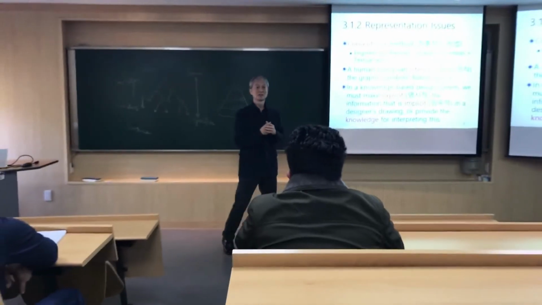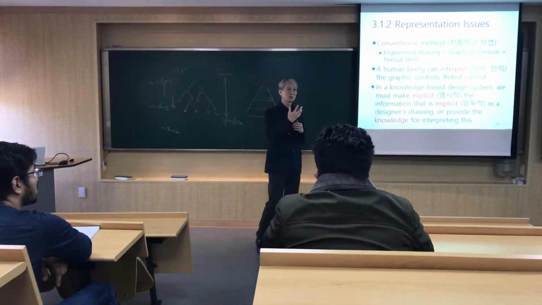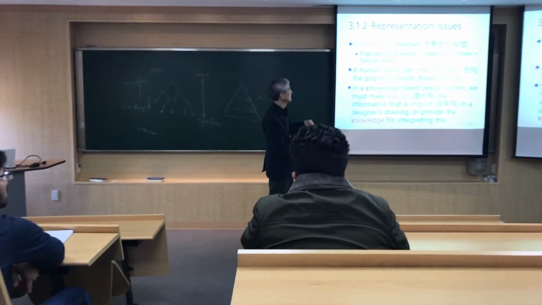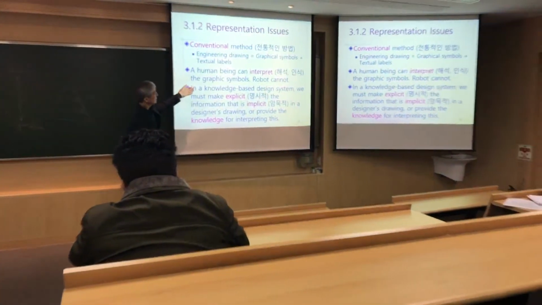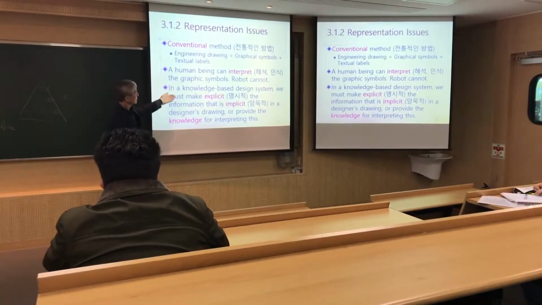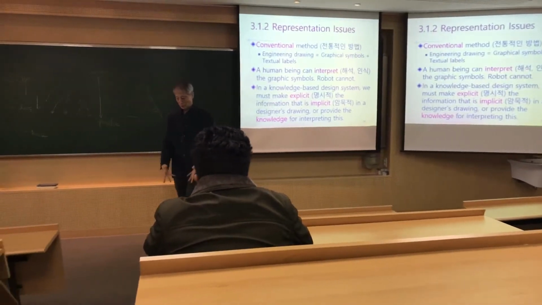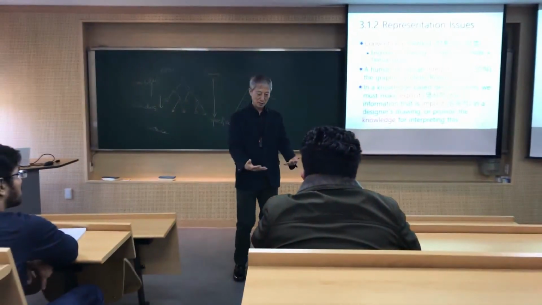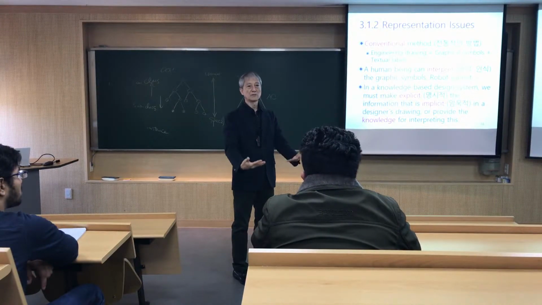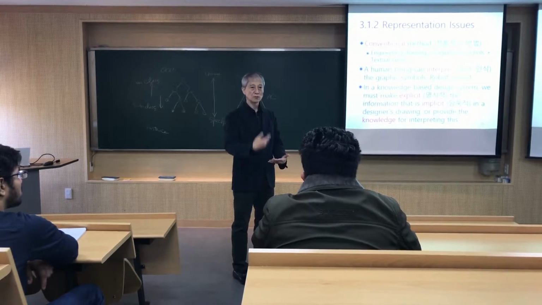That helps robots do their work automatically. In a knowledge-based design system, we must make explicit the information that is implicit in the designer's drawing. The 2D drawing in the old days contained a lot of information, but technicians were educated to interpret the information inside the drawing.